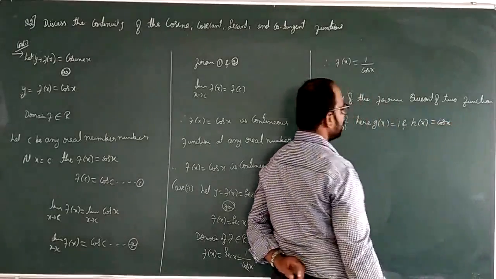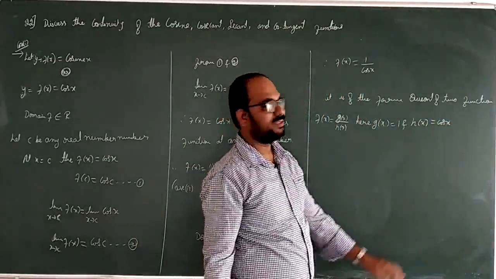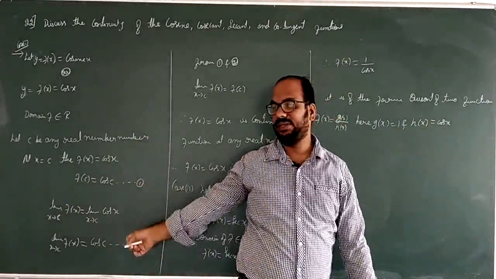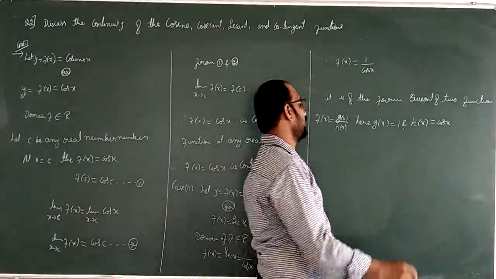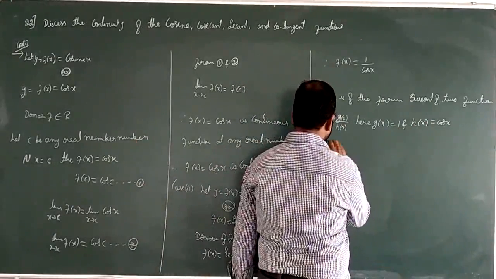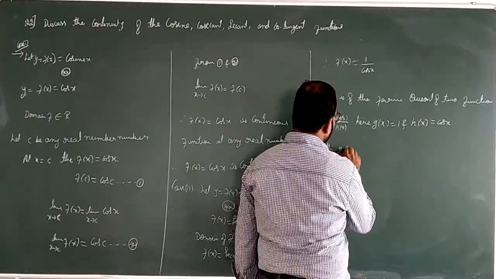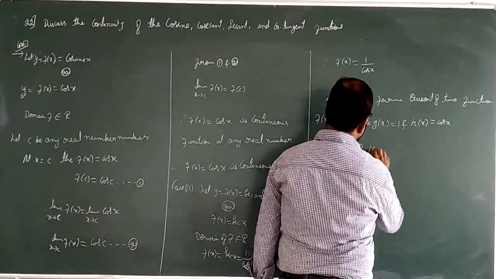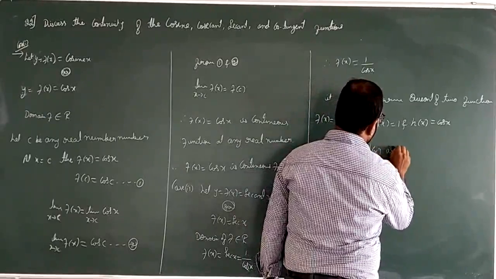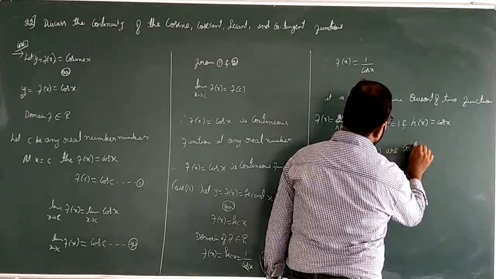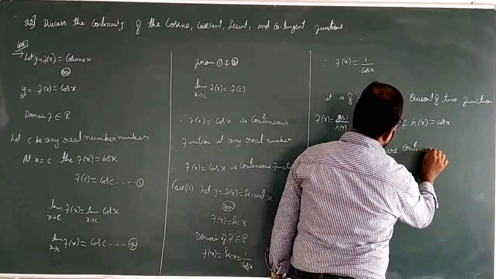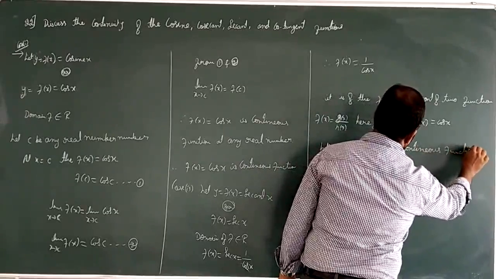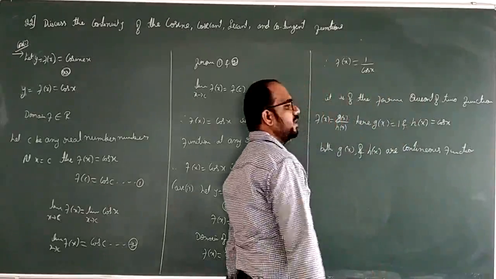Both 1 and cos x are continuous functions. One is a constant function, and cos x I have already explained is a continuous function. Both g of x and h of x are continuous functions.